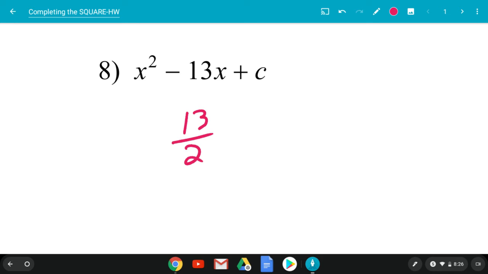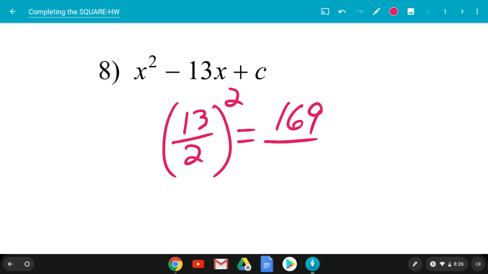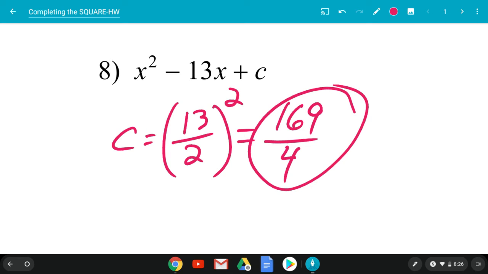It's going to be 6.5. But 13 over 2, that's a real fraction, right? Then what do I have to do to it? Square it. What's 13 squared? And what's 2 squared? Boom, there it is. C equals 169 over 4.